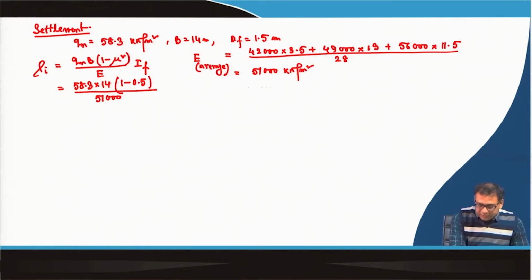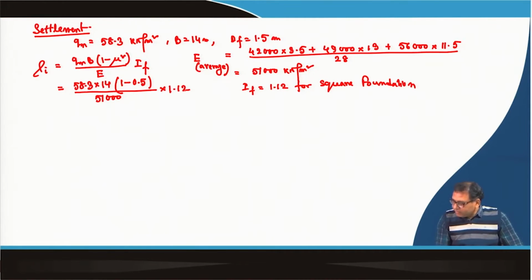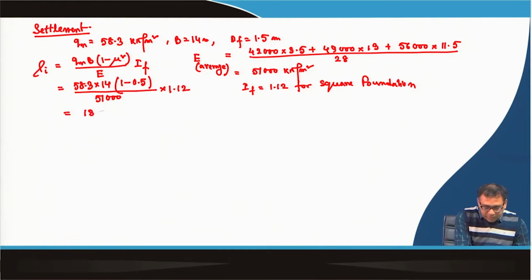So, IF is 1.12 for square foundation. Okay. So, this value is 13.44 millimeter.